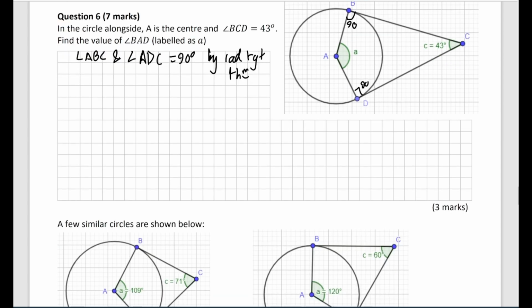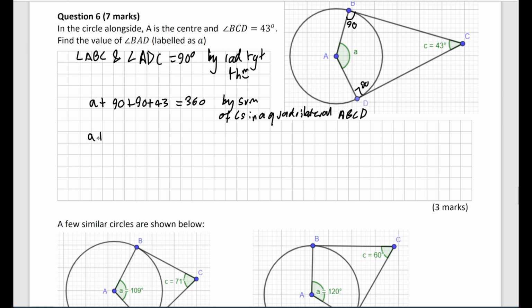All right, so that's great. Then we have 43, A plus 90 plus 90 plus 43, all those four angles would have to equal 360 by sum of angles in a quadrilateral. The quadrilateral is ABCD.